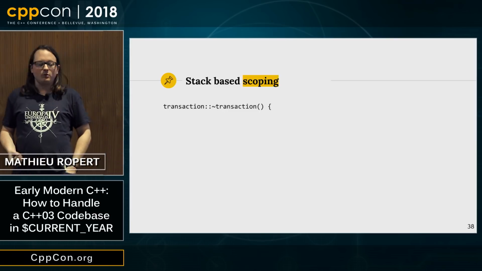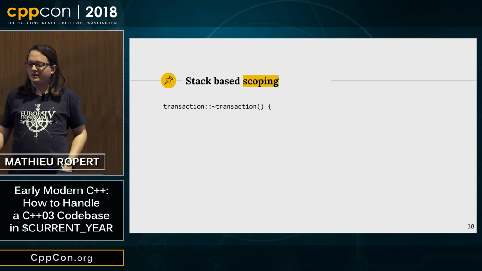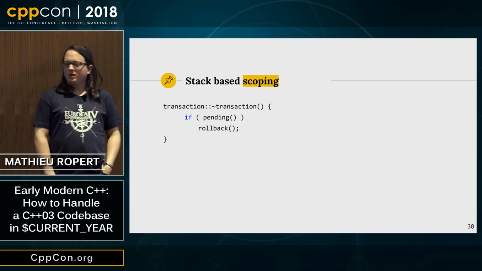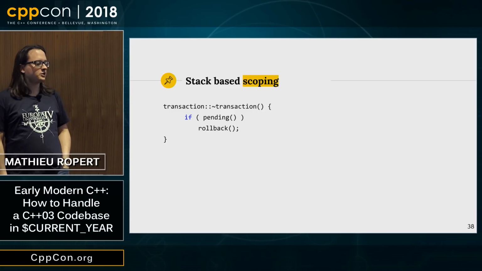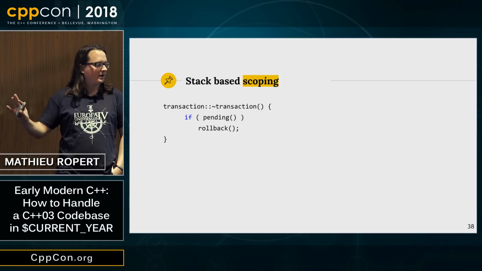And if I want to be a bit creative and not do the classical example, I've worked in databases in the past. So let's say I create a simple transaction object, which just does a simple thing. If the transaction is still pending when I'm running the destructor, I'm just going to cancel it, roll back.